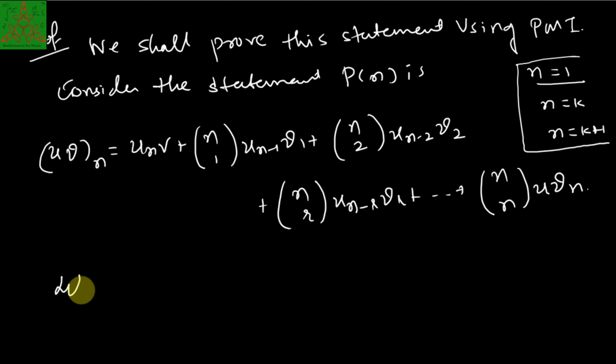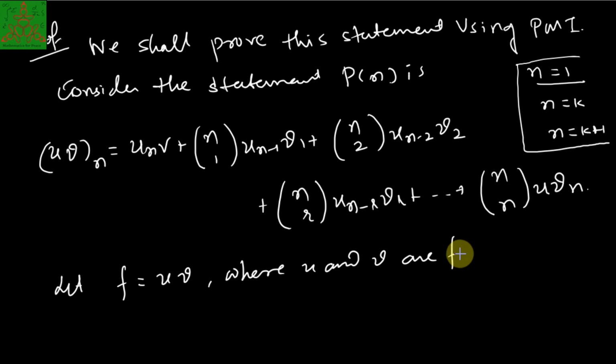Let us consider a function f which is u into v, where u and v are two functions of x. Now if I take the first derivative with respect to x, we have (uv)1, which as per the product rule is u1 v, the derivative of u with v as it is, plus u v1, the derivative of v with u as it is.